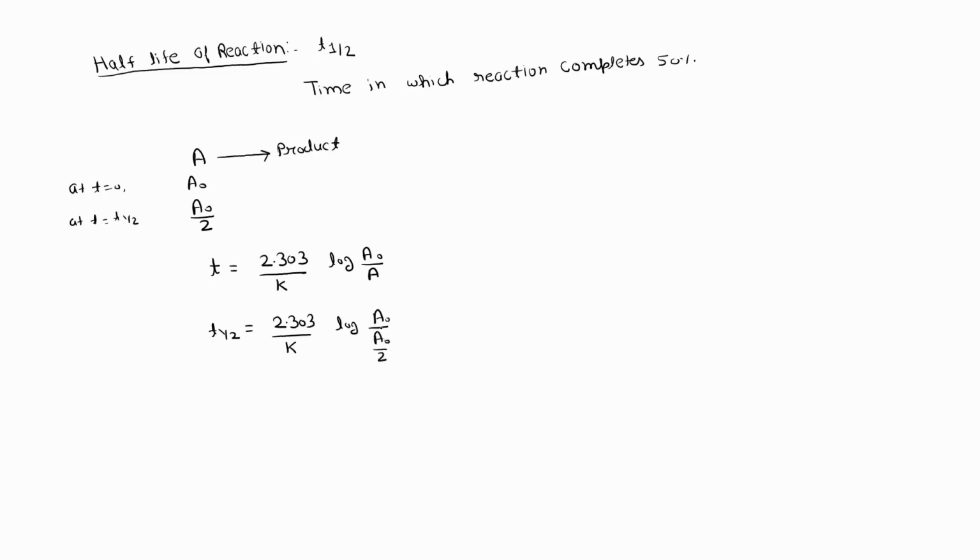So A naught cancelled, so log 2. So T half is equal to 2.303 log 2 divided by k.